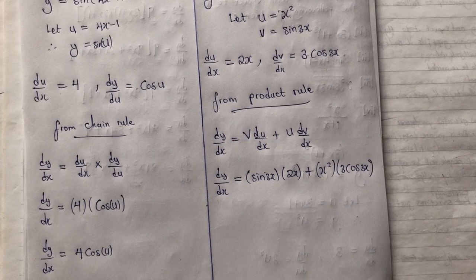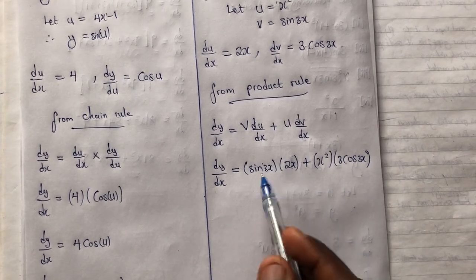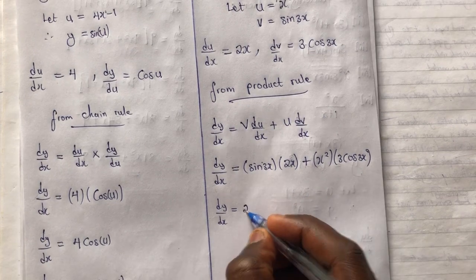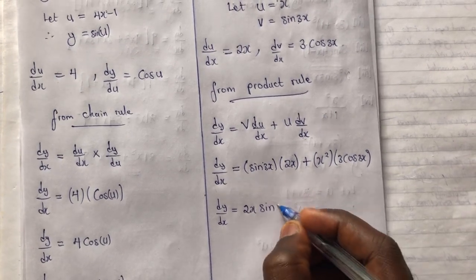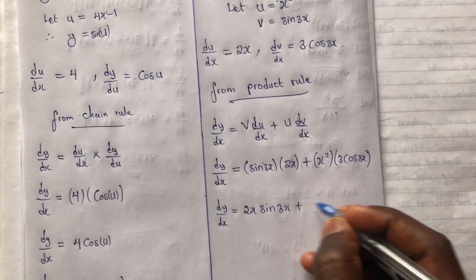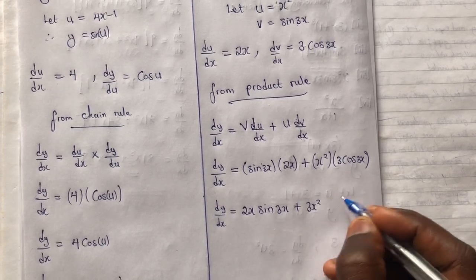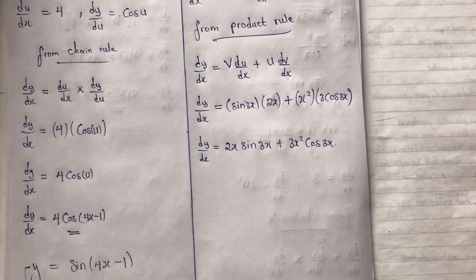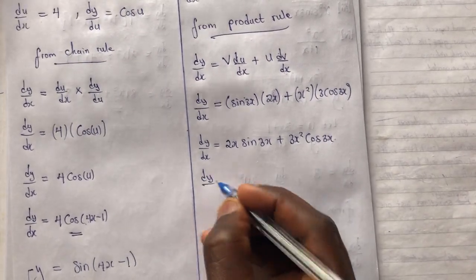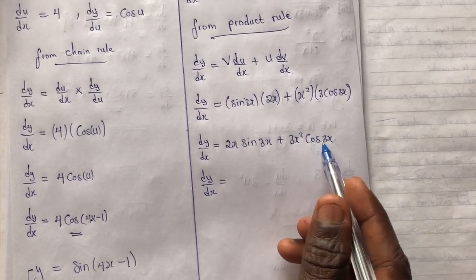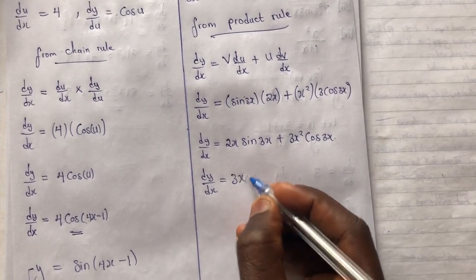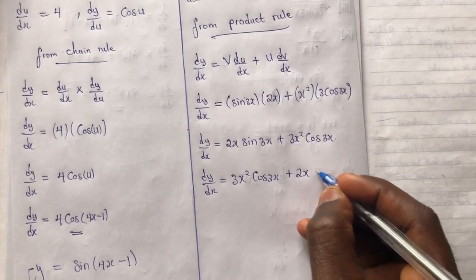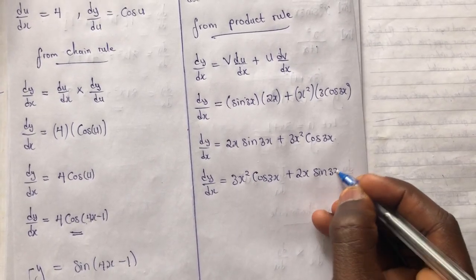Then we can now expand this, and this will give us dy dx being equal to 2x sine 3x plus 3x squared cos 3x. We can rewrite this by saying dy dx will give us, let me write the x squared term first, 3x squared cos 3x plus 2x sine 3x.